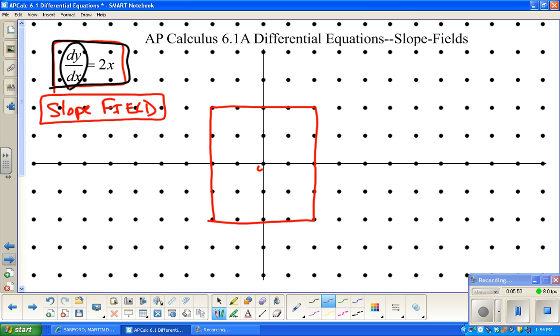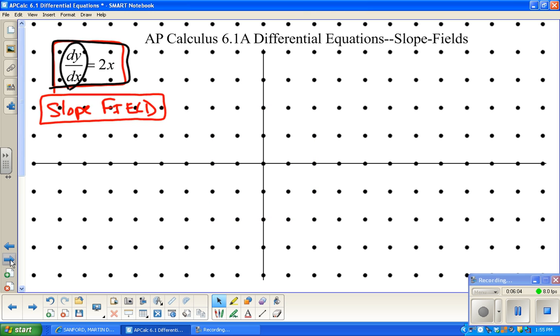So this is 0, 0, and this is 1, 0, and this is 2, 0, etc. We're just numbering by ones, and then we're going to put in the values. So for instance, x, y, and I'll do dy/dx.